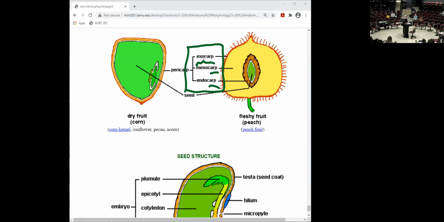Outer, meso, endo. Okay, so the exocarp is the outer fruit wall, the mesocarp is the middle fruit wall, and the endocarp is the inner fruit wall. And on a peach, you can see all 3 layers. The fuzzy skin is the exocarp. The pit is the endocarp, and it's hard and bony. And then the part you eat, the fleshy part, that is the mesocarp.